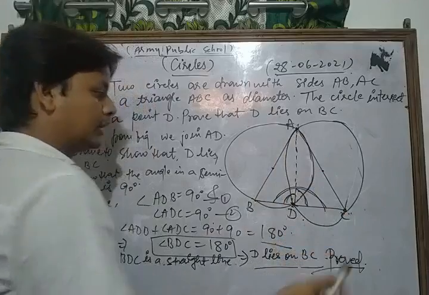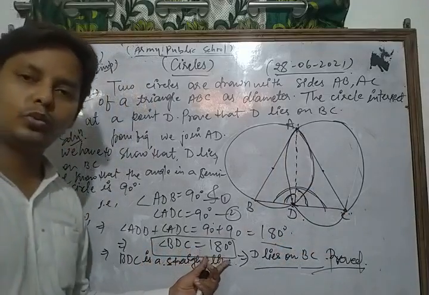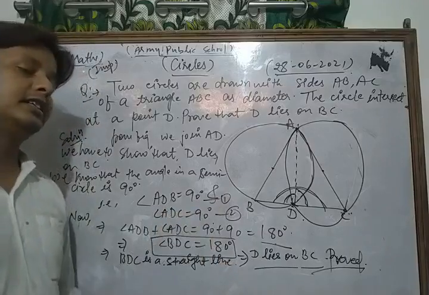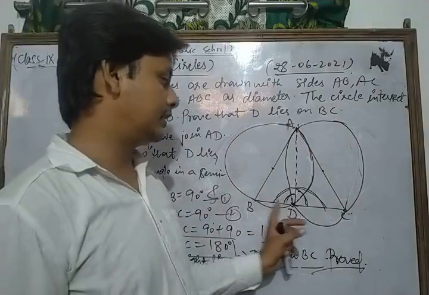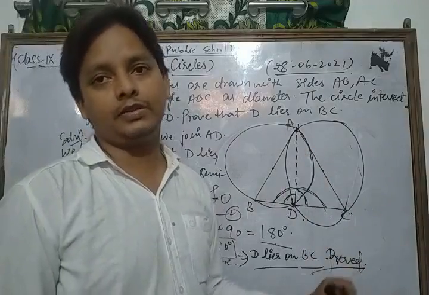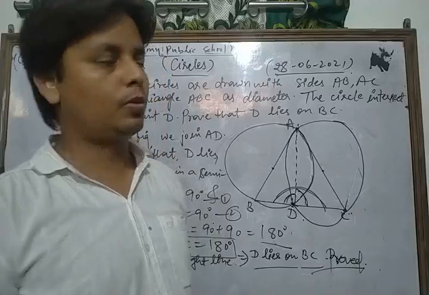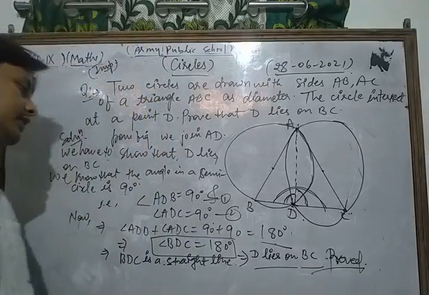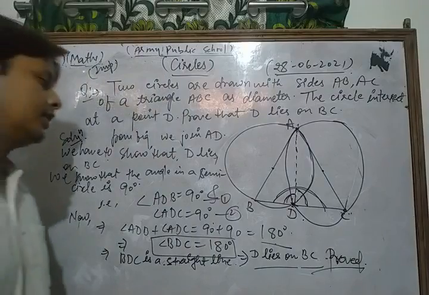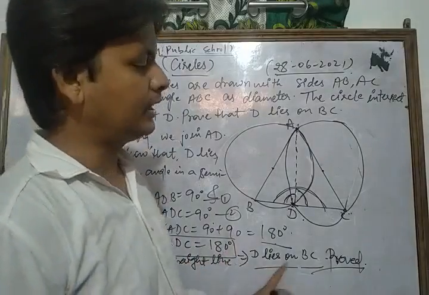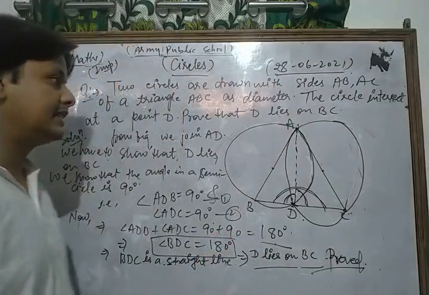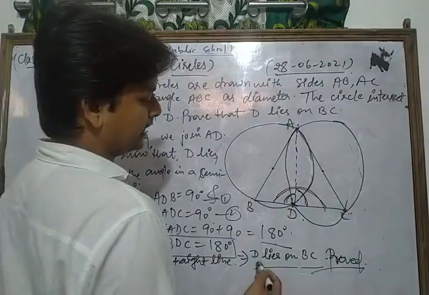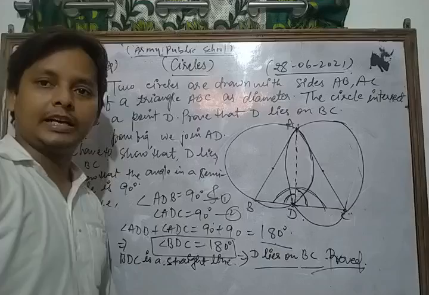Now we add these two angles and we get BDC equal to 180. Angle BDC equal to 180 means what? This is a straight line, because a straight angle is always equal to 180 degrees. So in this way we have shown that angle BDC is 180 degrees, which means BDC is a straight line. So if BDC is a straight line, then it is clear that D lies on BC, hence proved.